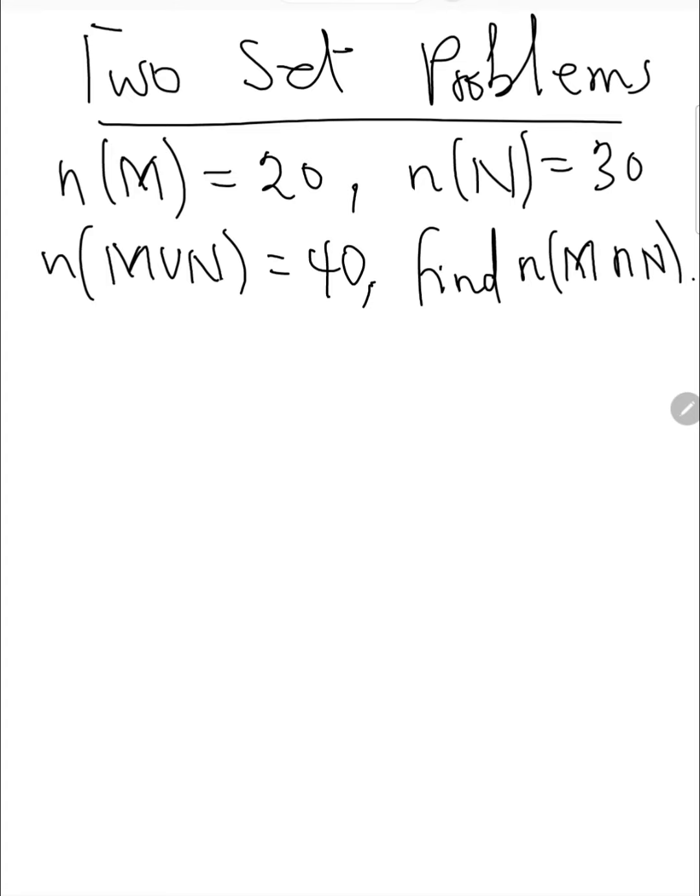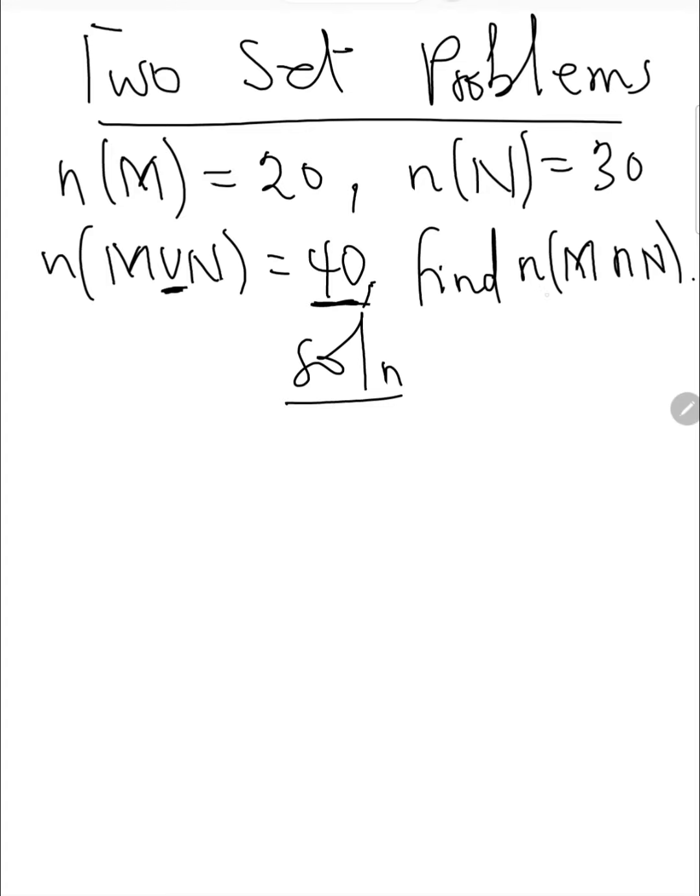Okay. So now, M union N, don't forget I told you the union consists of all the elements in either set M or set N or both. So what it means is that this 40 here represents the universal set.